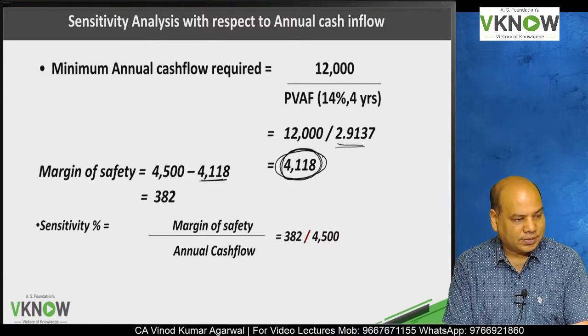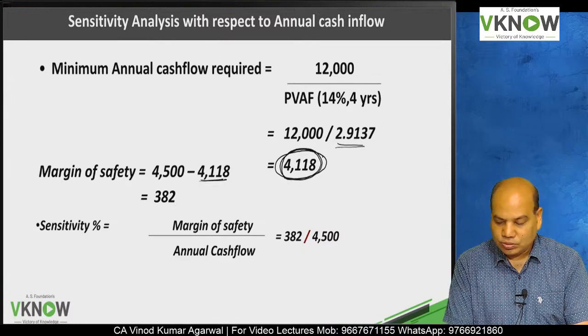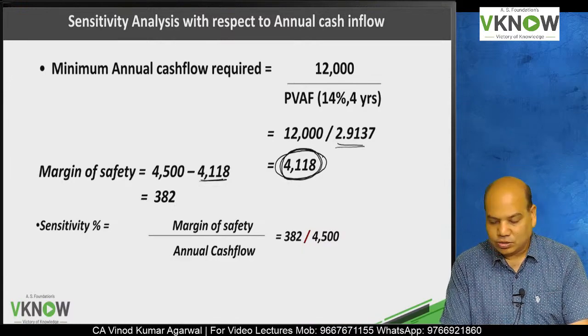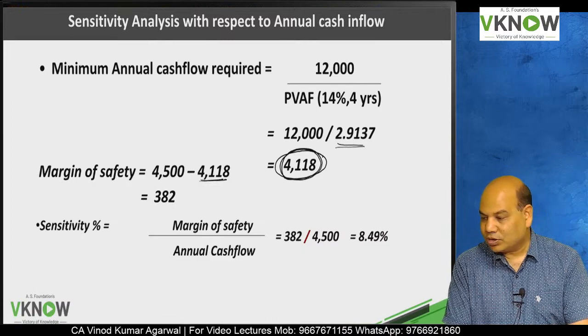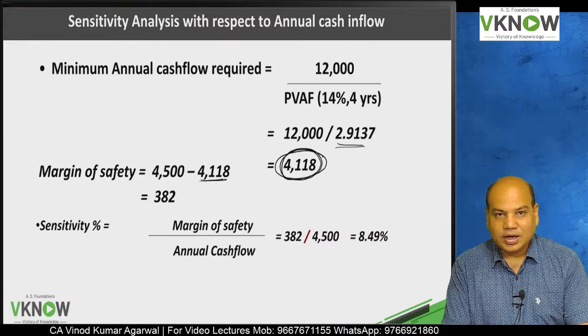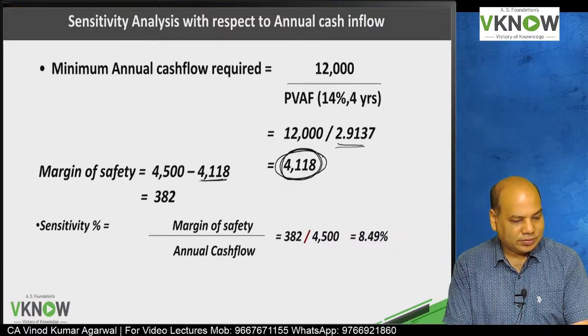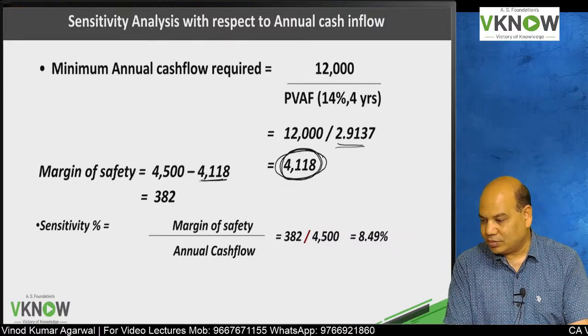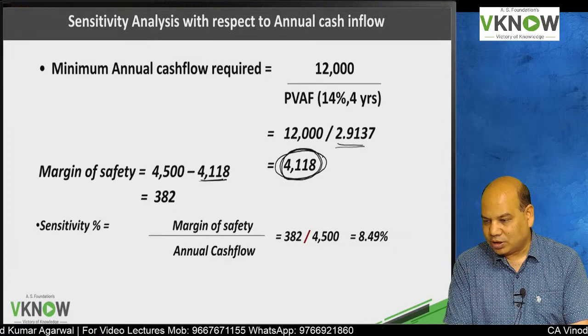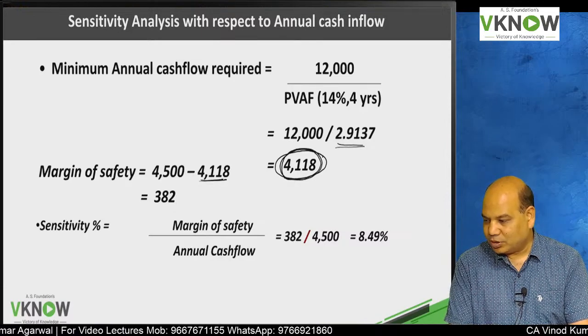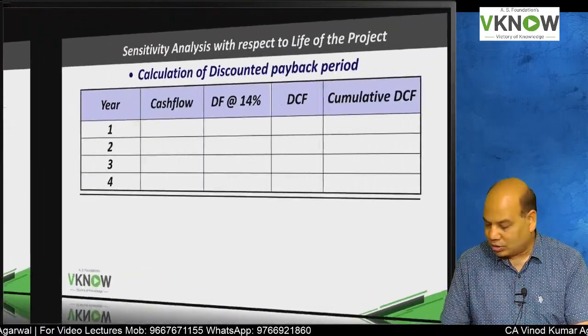Change upon base. Change 382, base 4500, into 100. Therefore, the answer is 8.49%. Is it right? Just confirm, is it right? 8.49% is right. Very good.